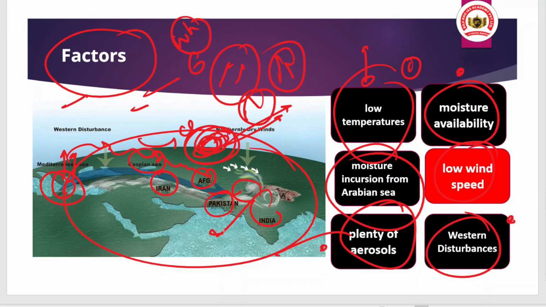Western disturbances mostly occur in winter, and that's why in the coming time you may see their impact. They are also a good source of rainfall in India during winter. You know that in winter there is less chance of rainfall, but because of western disturbances, rainfall is there, snowfall is there.